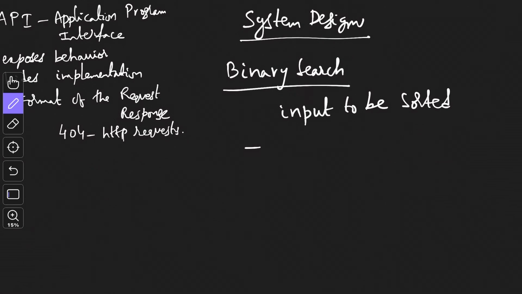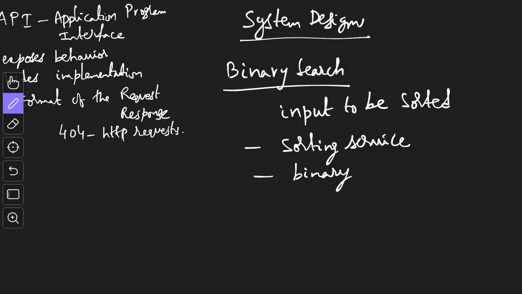First, a sorting component or a service, and then the actual binary search service itself or the logic itself. The sorting service could be an online service that clients can use on its own, like we talked before, as well as a service used by the binary search service.